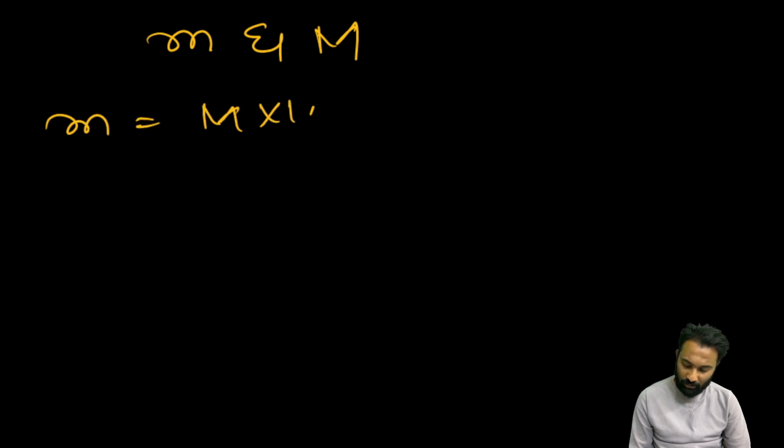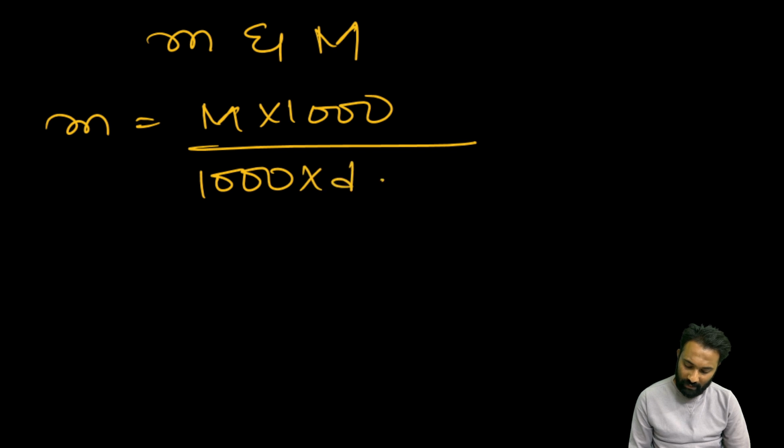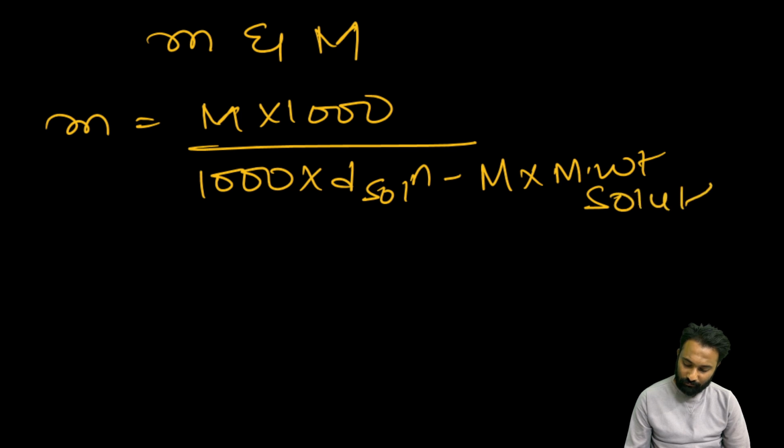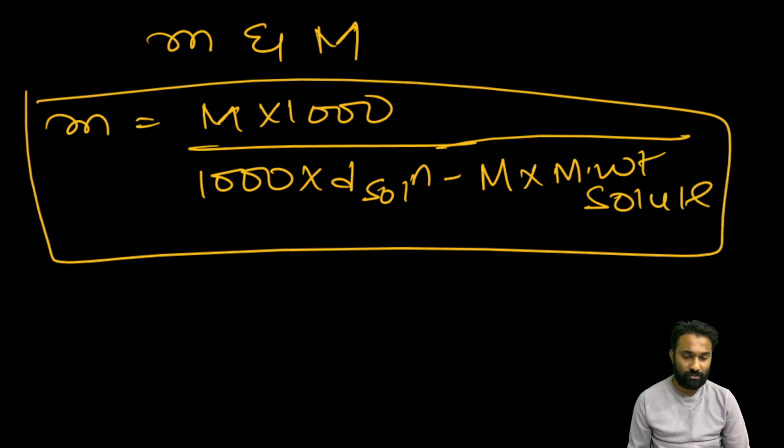Next, the relationship between molarity and molality: molality is equal to molarity into 1000 by 1000 into D of solution minus molarity into molecular weight of solute. Clear? Done?